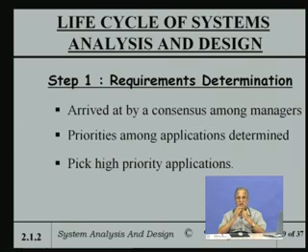So, those people's confidence has to be taken into account, and having a lot of experience in the organization, they know a lot of things which is important for you to gather. So, that is part of the requirement determination, and you have to set priorities among all these requirements, because there will be multiple requirements, and pick the high priority application.